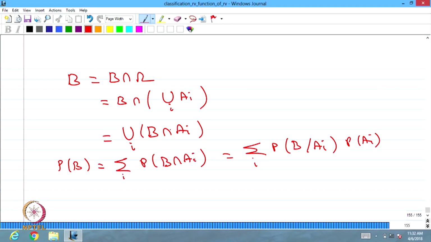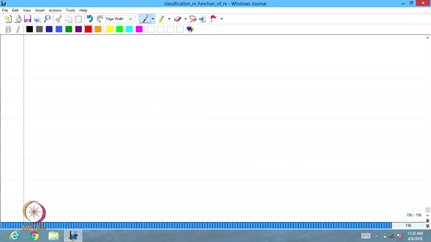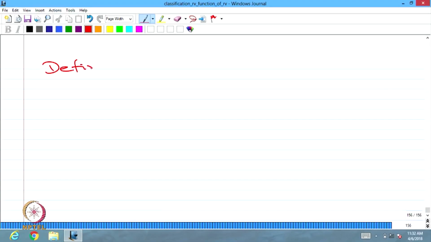So whenever P of Ai is greater than 0, the probability of B can be computed as the summation over i of P of B given Ai multiplied by the probability of Ai. Using this total probability rule, we are going to define the next rule, that is called Bayes rule, as the next definition.